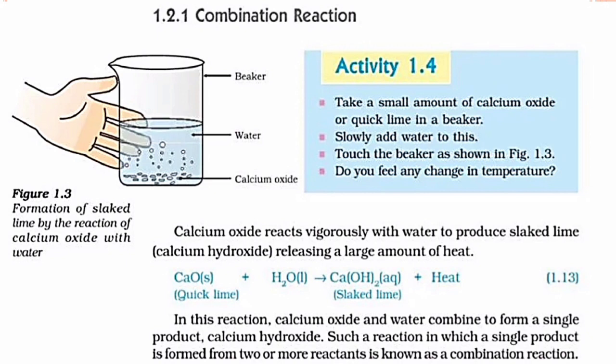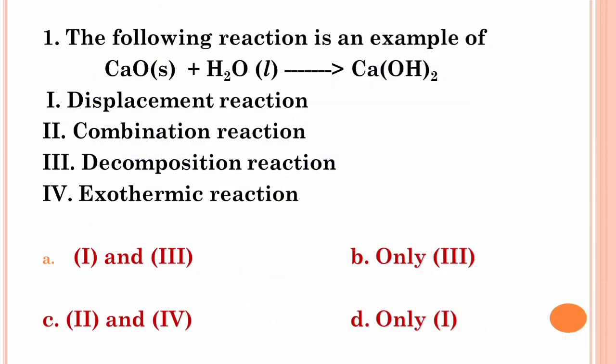So we know that it is a combination reaction, and a large amount of heat is released in the reaction. This means the reaction is an exothermic reaction too. So from the given options, we can understand that this reaction is a combination and an exothermic reaction. So the correct answer for this question is option C, 2 and 4.